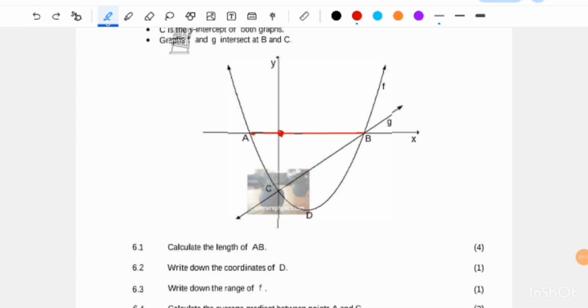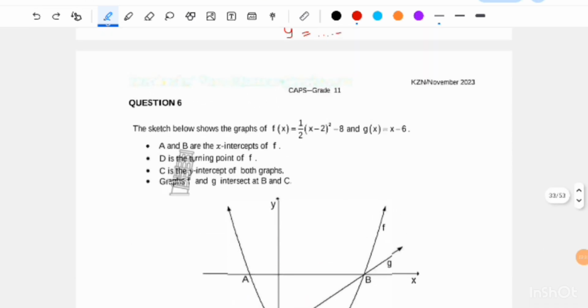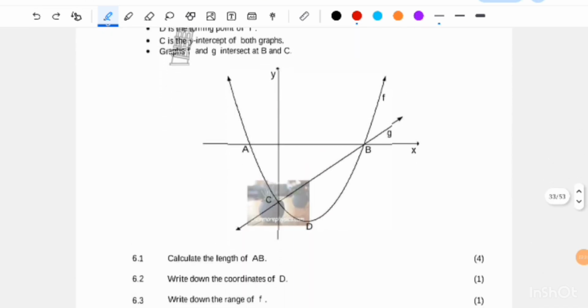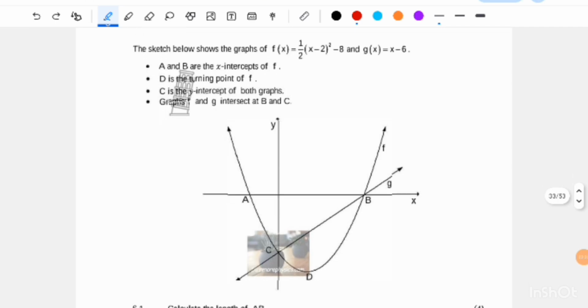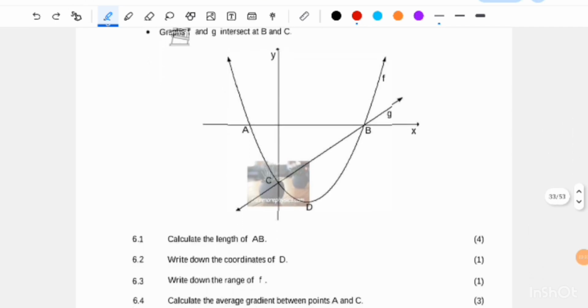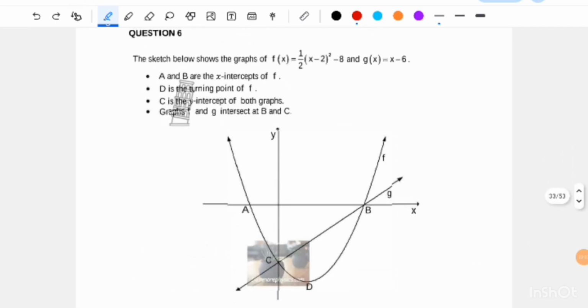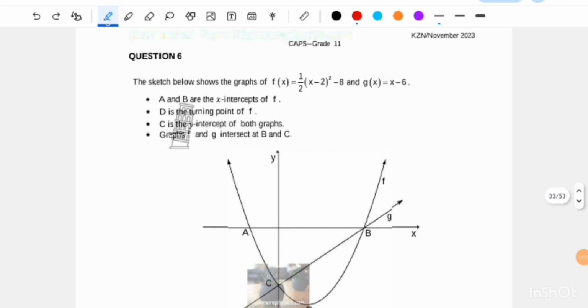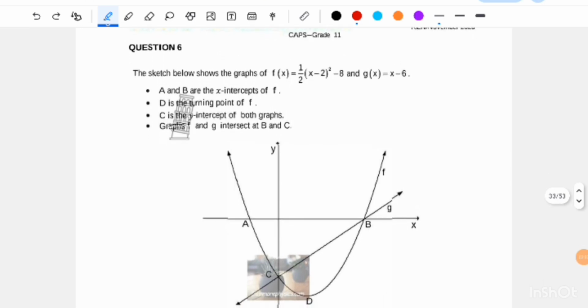Okay, now let's go on and do exactly as we have said. Now we'll go to our equation. I'll write it here: y is equal to 1 over 2 into (x minus 2) squared minus 8.